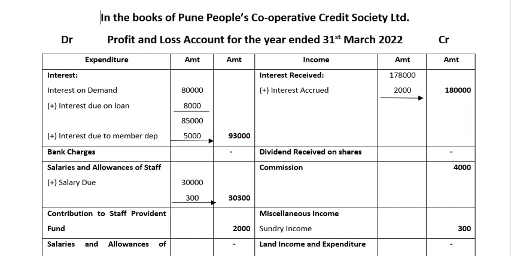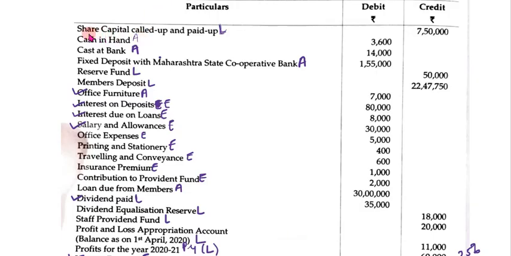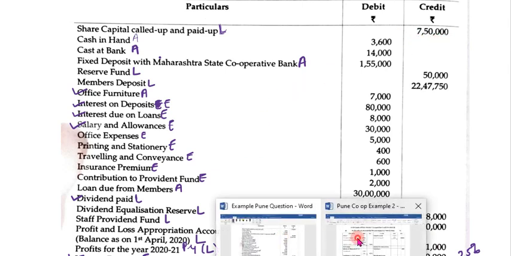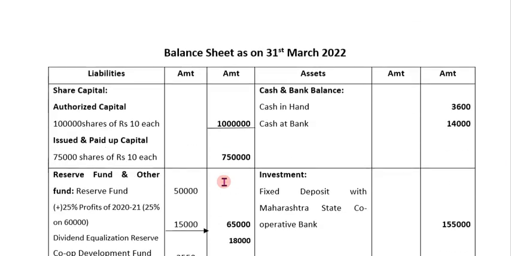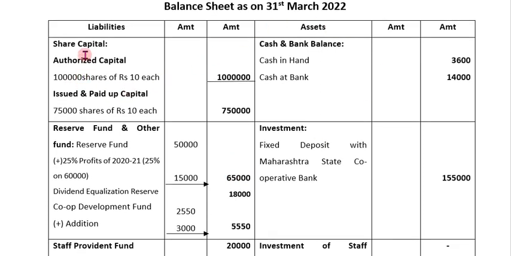Now the first entry as per the question is share capital, called up and paid up. So this will come in liabilities. Amount is 7,50,000. So in the balance sheet, first write share capital, authorized capital, that is 1 lakh shares of 100 each.